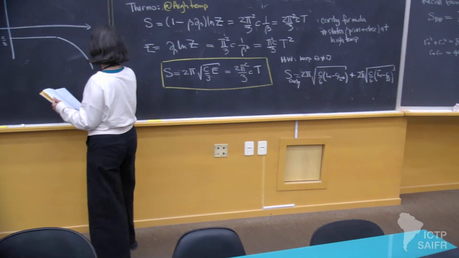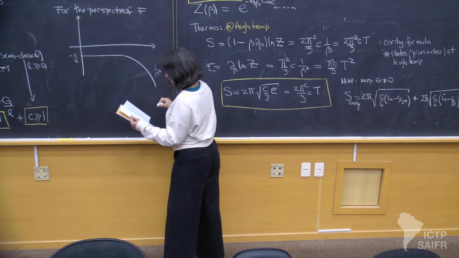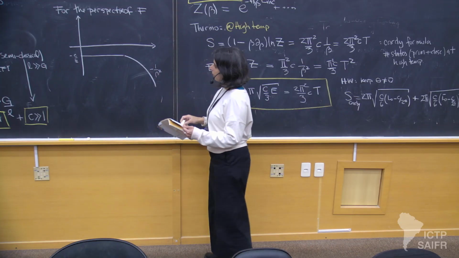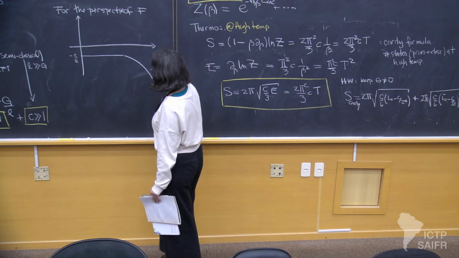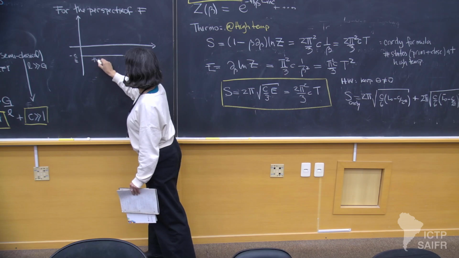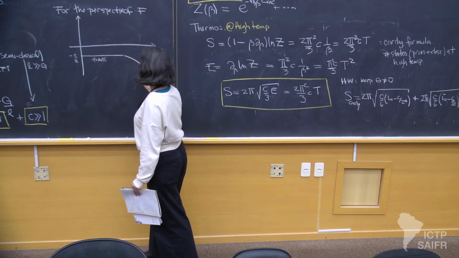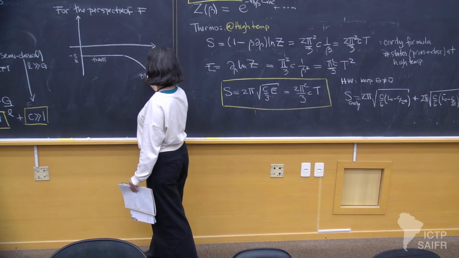Yeah, 1 over beta squared. And remember, this was the contribution from thermal AdS. This was the contribution from BTZ.